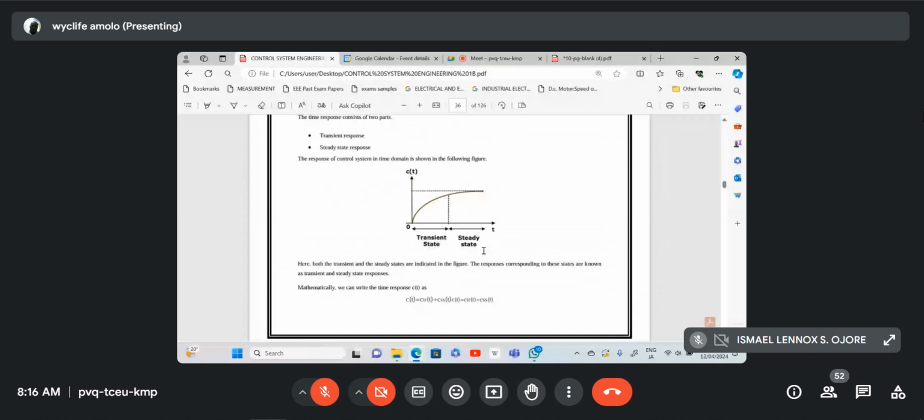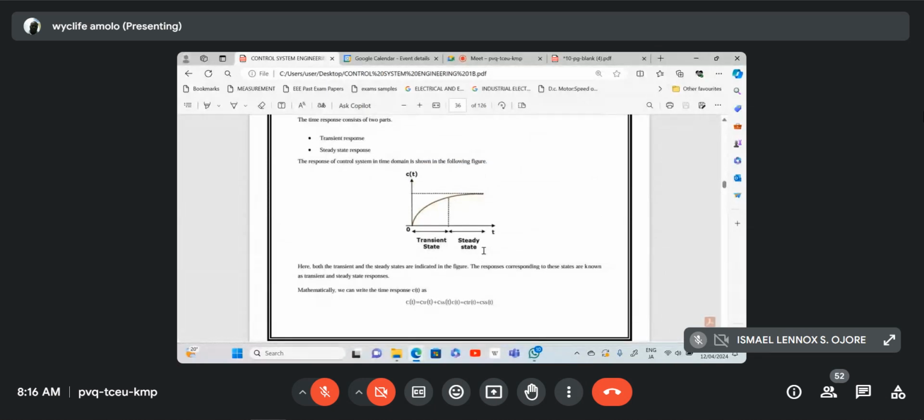So you can find that is a step response, whereby the transient unit is responding to the first, very fast, the first few seconds, it moves rapidly, the transient state, and then it switches, whereby it starts moving in a slope up to the maximum level of the step input.